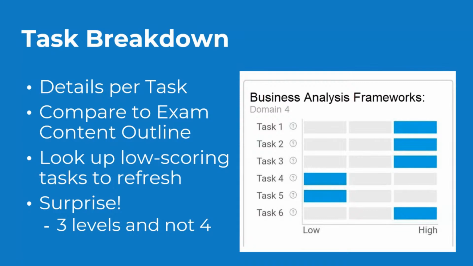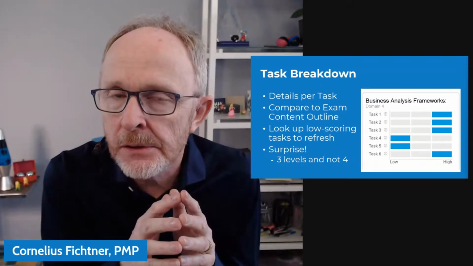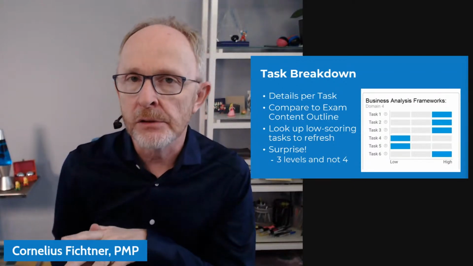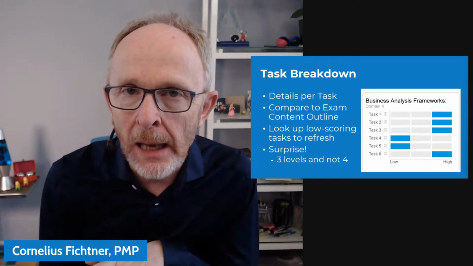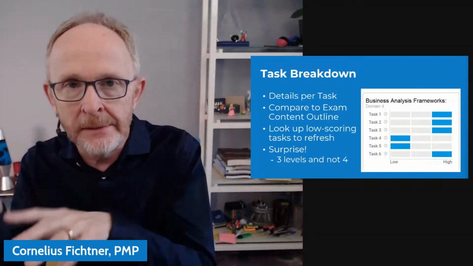It shows you how you performed on each task that is included on the exam. If you're not sure what I mean by tasks and domains and all of that, then I do recommend my lesson on the exam content outline. So take a look at my lesson, the CAPM exam content outline, where we talk about domains, tasks, and enablers.